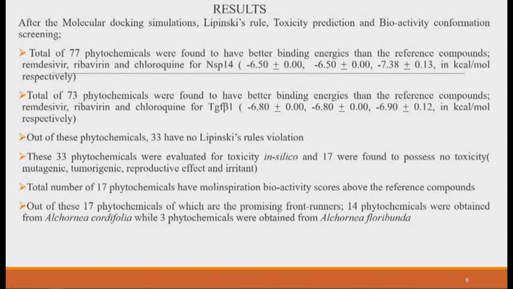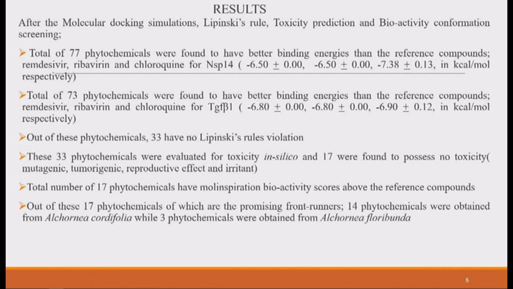Then we went further to check the bioactivity scores, and all of them are active. That's to tell you that the 17 phytochemicals have shown to have high effect or inhibitory effect against NSP14 and TGF beta 1. Then, out of these phytochemicals, we've discovered that they are the promising frontrunners, and 14 are from Alchornea cordifolia, while 3 are from Alchornea floribunda.